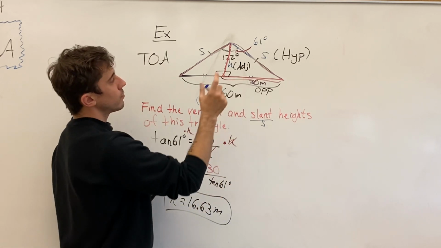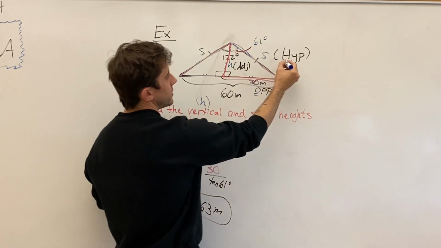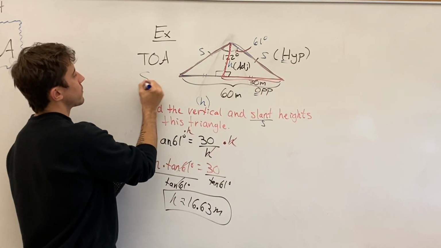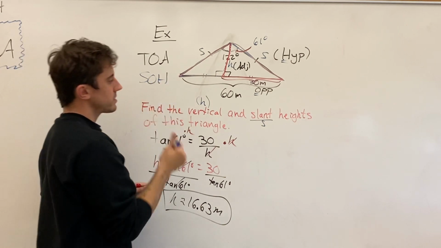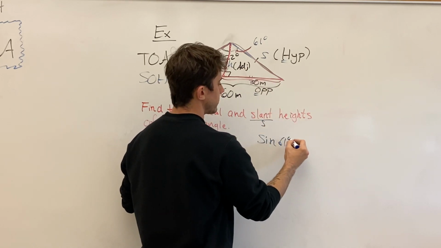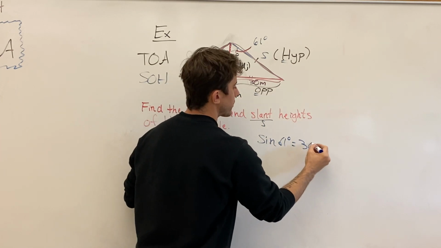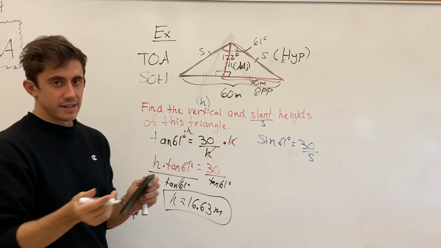So let's write an equation that relates the opposite side to the hypotenuse. From SOHCAHTOA, that's SOH, sine is opposite over hypotenuse, and so we can write that sine of our 61-degree angle is equal to the ratio of 30 over the hypotenuse, which we call S for slant height, right?